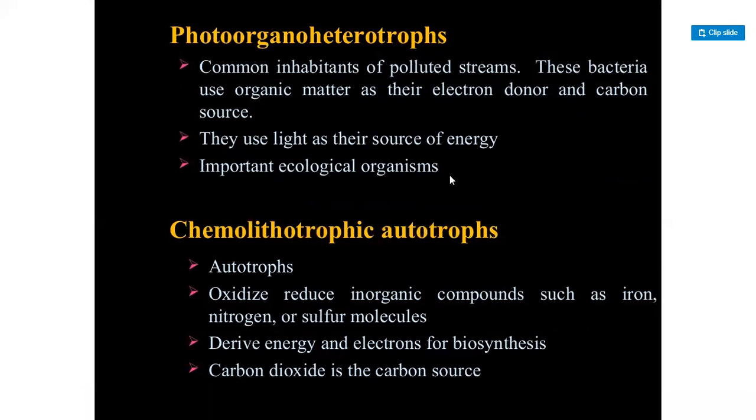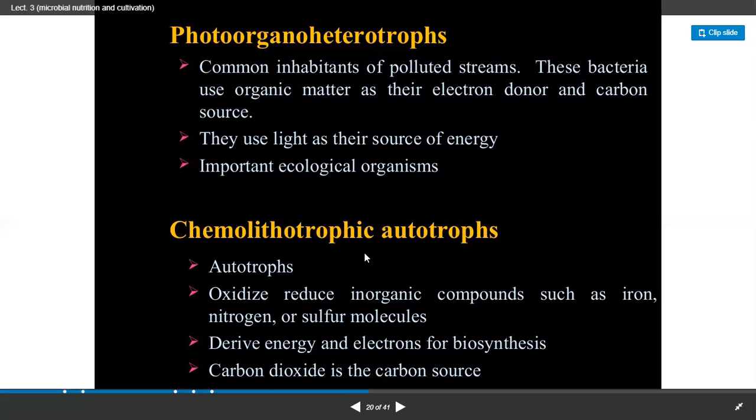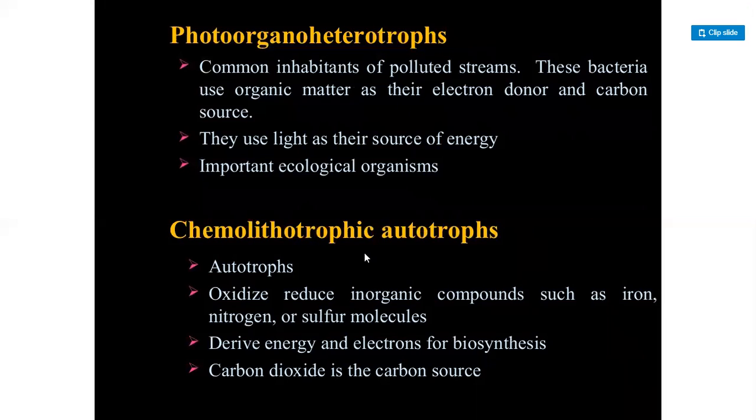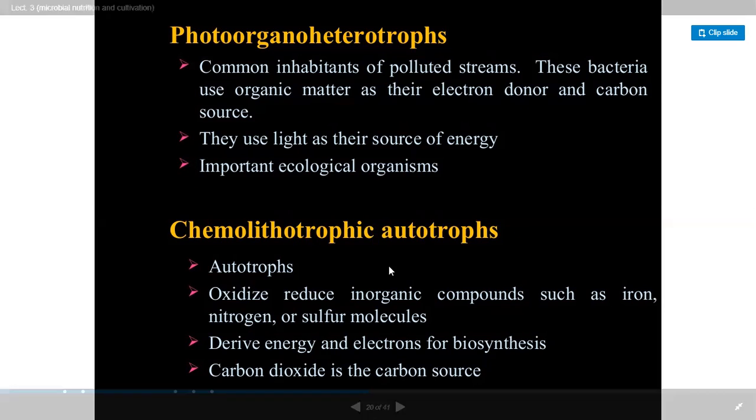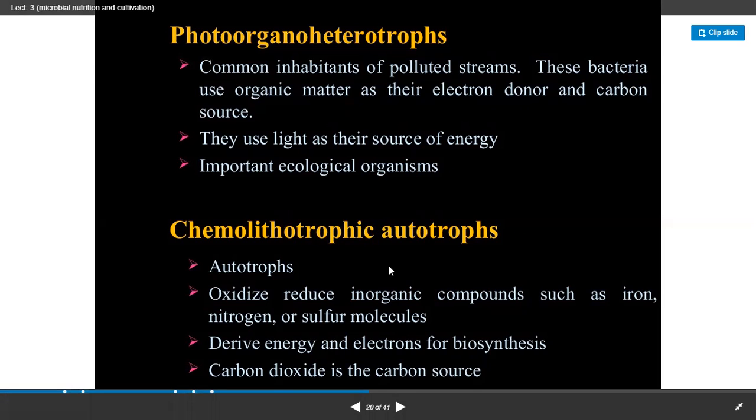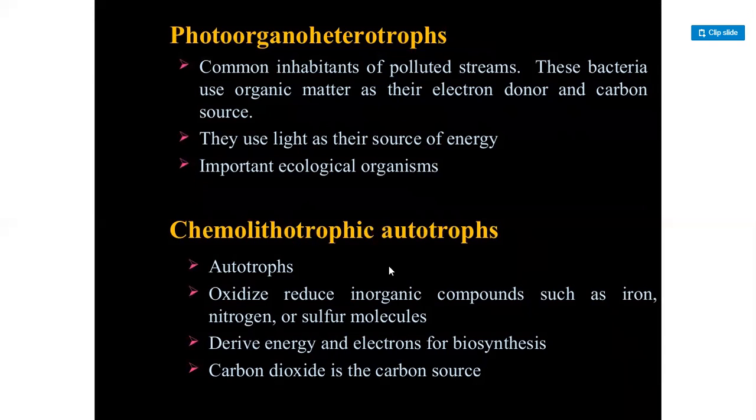Photoorganoheterotrophs are common inhabitants of polluted streams. These bacteria use organic matter as their electron donor and carbon source. They use light as their source of energy. And chemolithotrophic autotrophs are autotrophic organisms and they oxidize reduced inorganic compounds such as iron, nitrogen, and sulfur molecules.